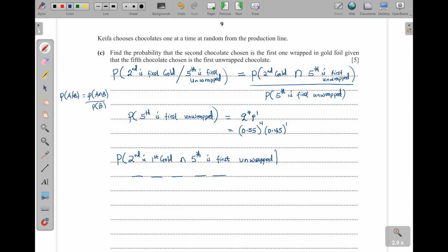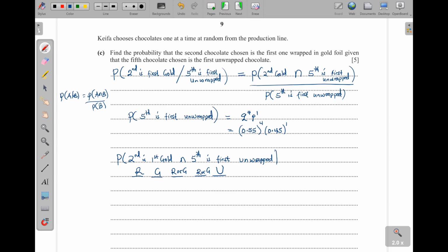The second one is the first gold, so I can put gold here. Then the fifth is the first unwrapped. Automatically the first one here has to be the one wrapped in red. Now in between here, it doesn't matter whether we have red or gold, so I can put red or gold here, and even here.